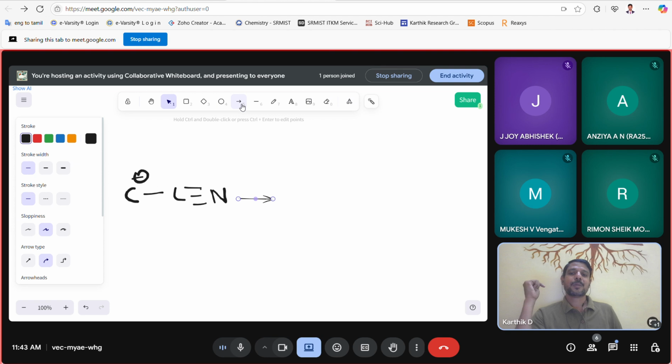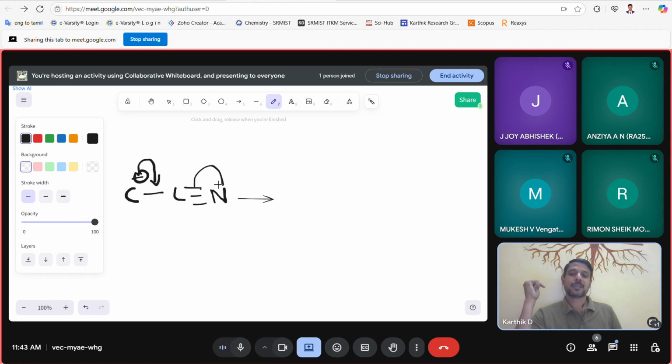Okay, so carbon minus here, and C triple bond N. So this will shift here and this electron will shift here, so that you will have a C double bond C, and this triple bond lone pair of electrons will be transferred onto the nitrogen atom. So you will have a double bond to nitrogen and a minus charge here.